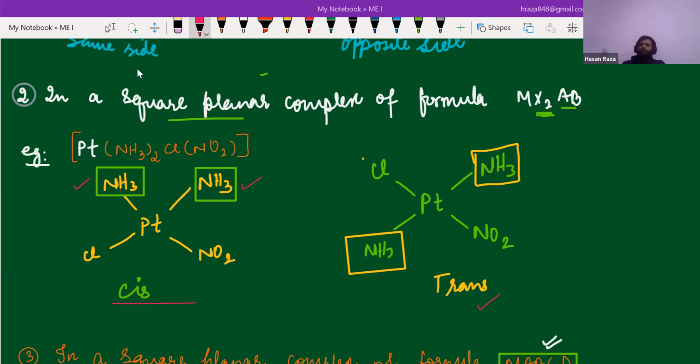If you know cis and trans from class 11th, it is quite easy, and if you still have any doubt in this, you can ask me again.